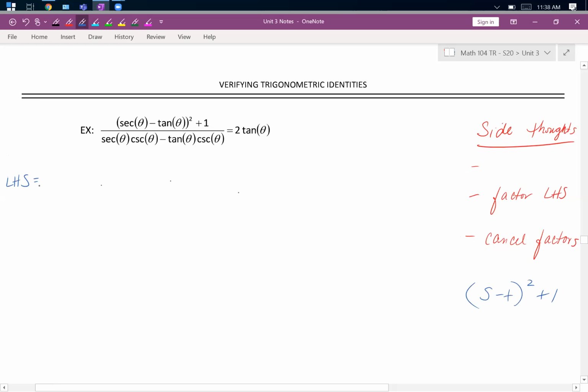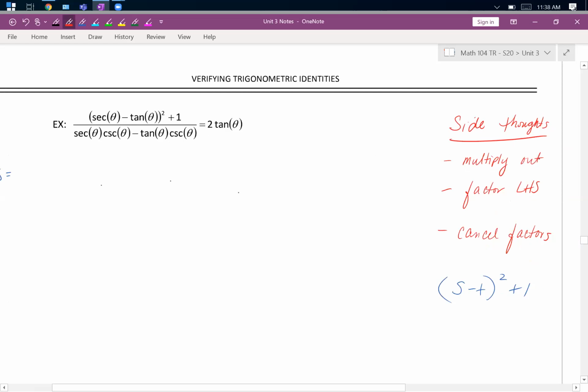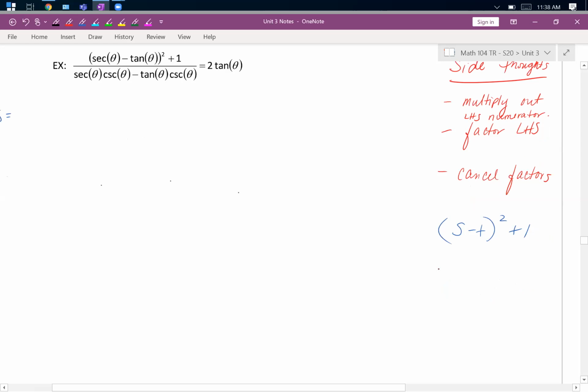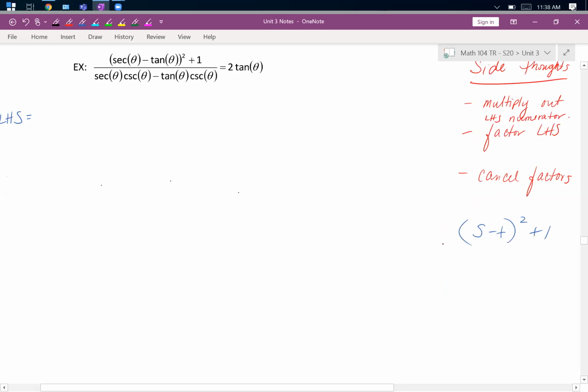No, we can't. So what we're actually going to have to do is first multiply out the left-hand side numerator. And then it should give us something that we can factor. So we're going to have to write this twice and multiply it out, since we have that minus sign.